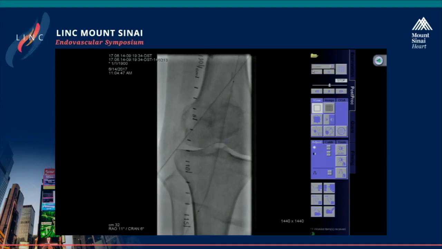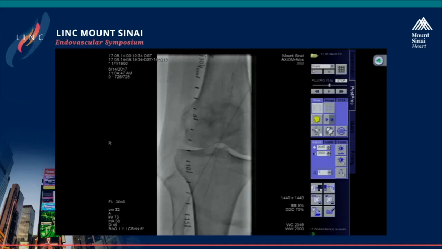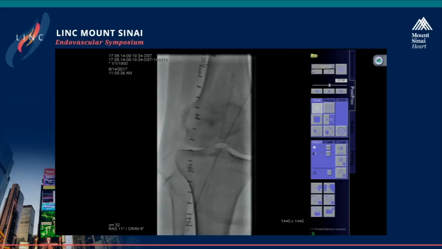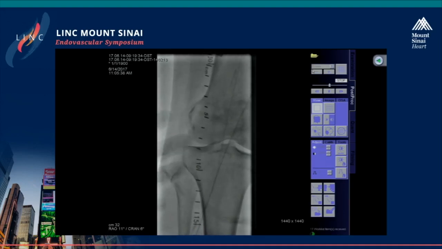So if this looks good, say we don't have a dissection here, would you do drug-coated balloon here, or would you leave it with this, or would you recommend stenting this type of vessel? I would like to intervene. My name is Theo Bistas from Münster, Germany. I congratulate you for this nice result.